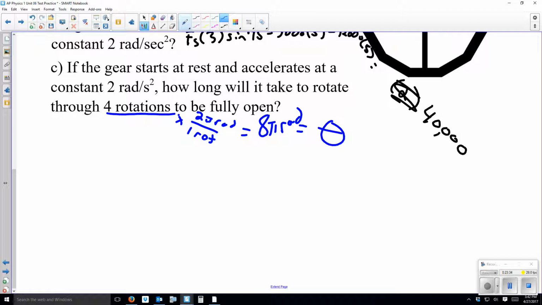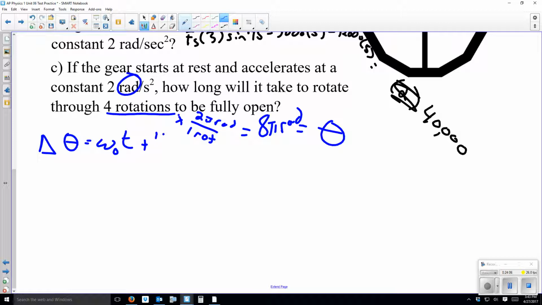So I need an equation that can relate time, angular acceleration, angular speed, and angular displacement. This is just a kinematics problem. So I'll use that same equation we just used a couple minutes ago. Delta theta equals omega initial times time plus 1/2 alpha t squared. I know I've got 8 pi radians here.